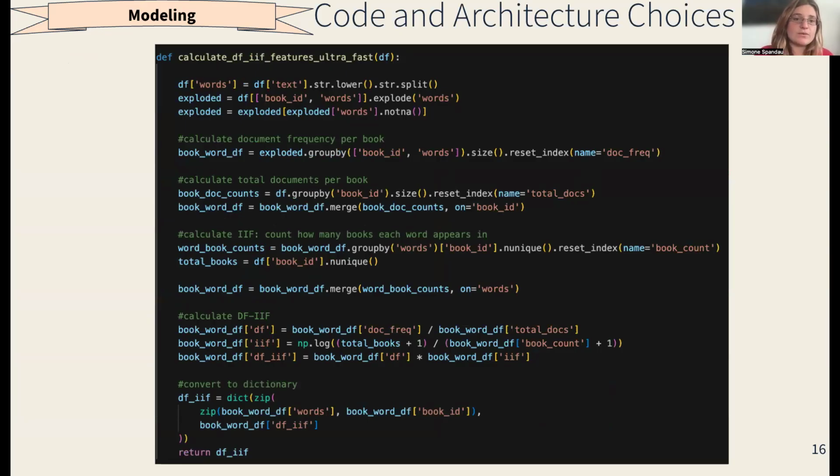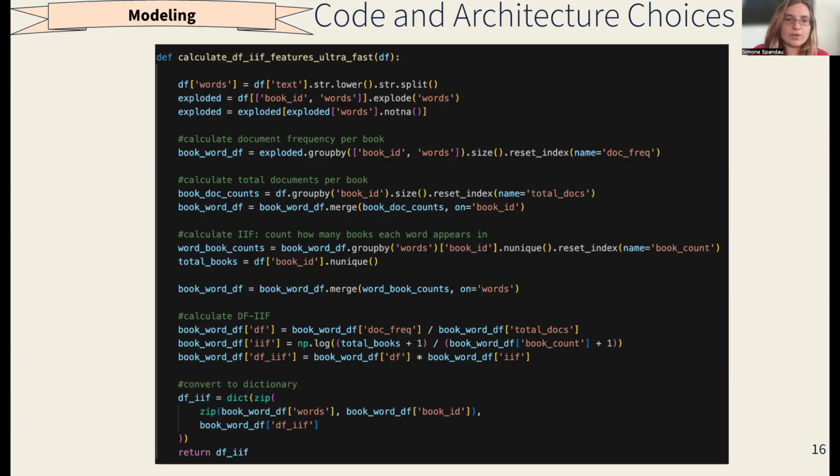This is the code that we used for calculating the document frequency and inverse item frequency. First we grouped the words by book and calculated the total documents by book. And from that, we counted how many books each word has, which gets us the inverse item frequency.